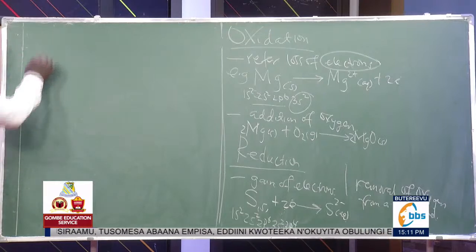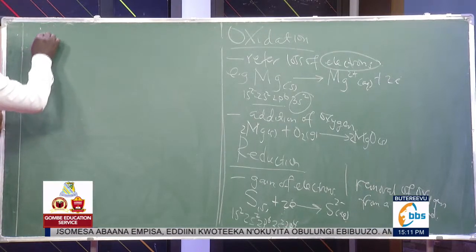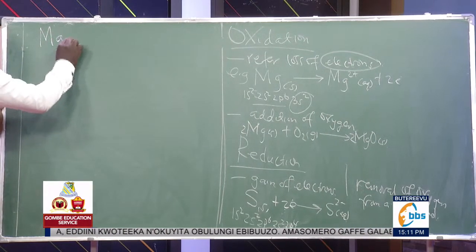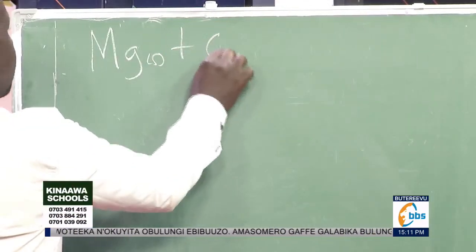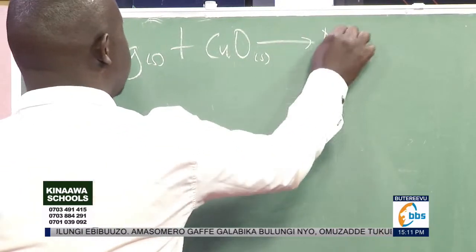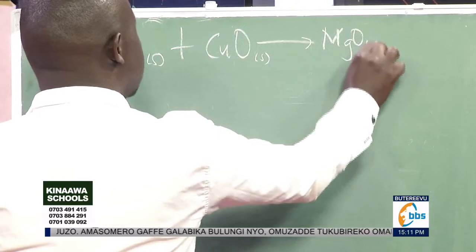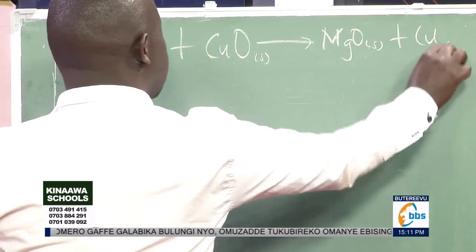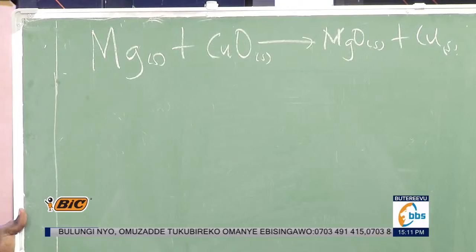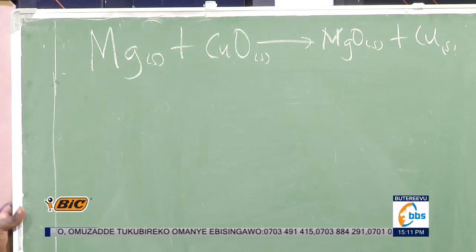Let's have this example. We can take magnesium plus copper oxide, where we form magnesium oxide plus copper. Now in this equation, there are 2 terms occurring.